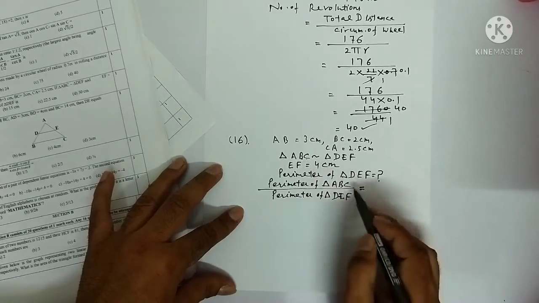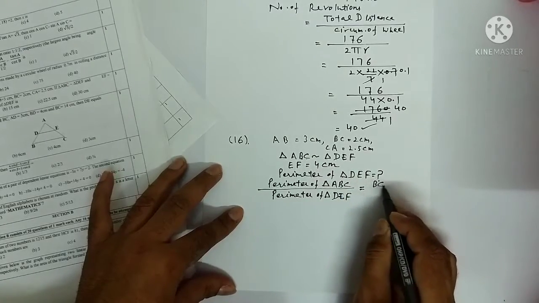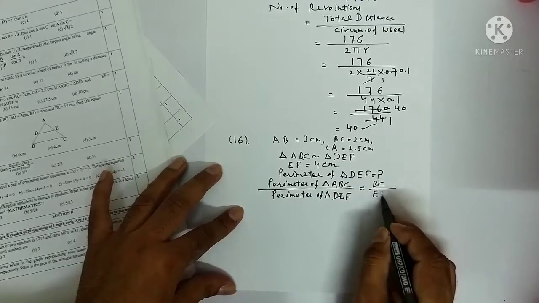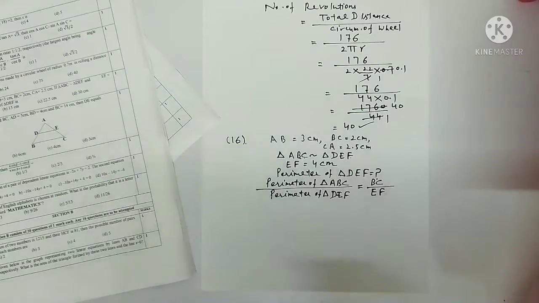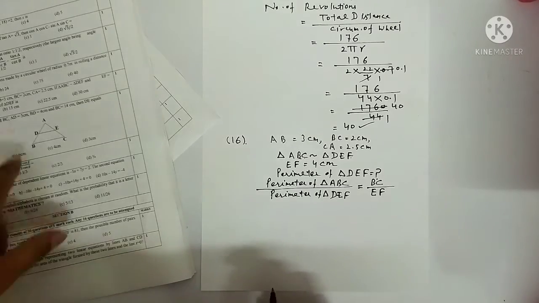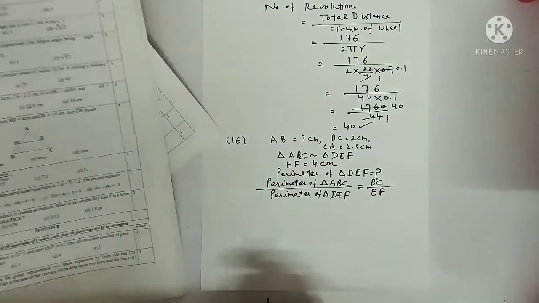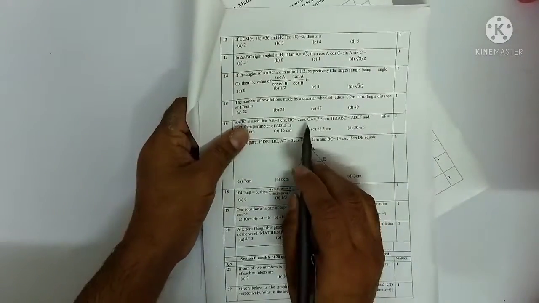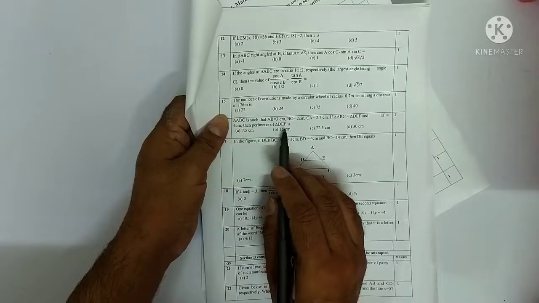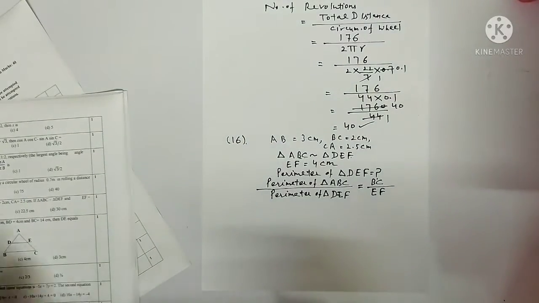So here basically I can write BC upon EF. Alright. Now what is the perimeter of triangle ABC given? Perimeter of triangle DEF is to be found.